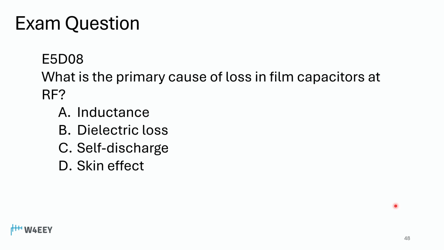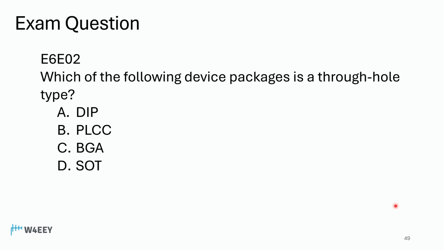What is the primary cause of loss in film capacitors at RF? Think of the flat one that I showed you. Yep, skin effect. Which of the following device packages is a through-hole type? A. Yep, it is a DIP, dual inline package.